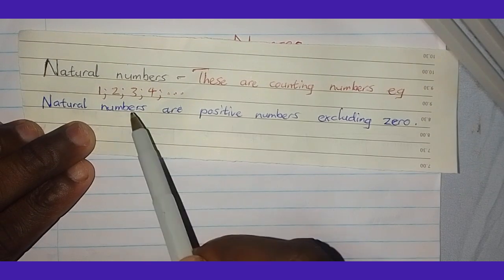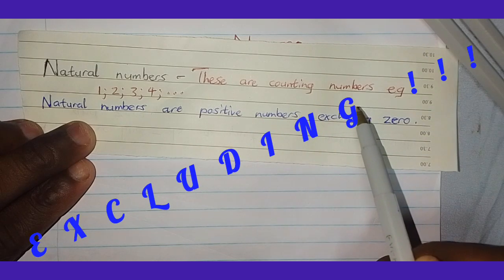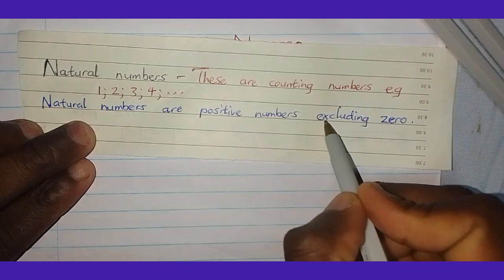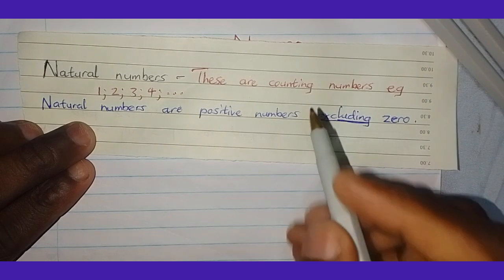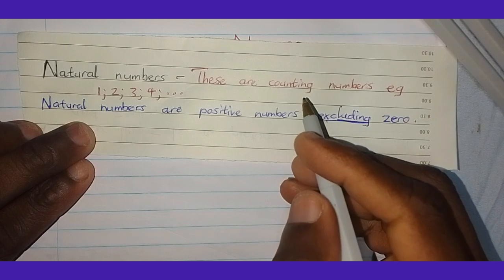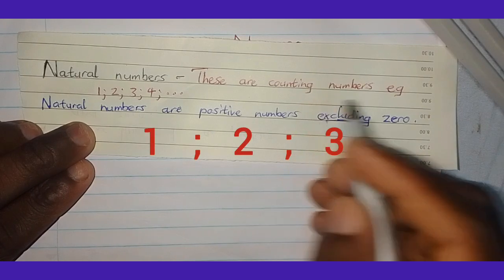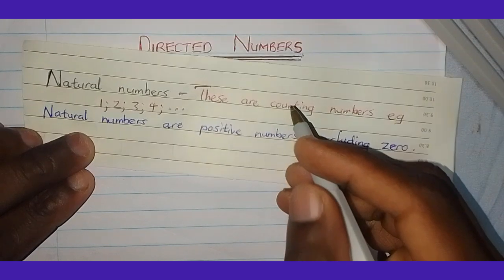Also, natural numbers are positive numbers, excluding 0. 0 is not a natural number. Remember, counting numbers: when we are counting something, let's say the number of people, we start at 1, 2, 3, then we count on, right?